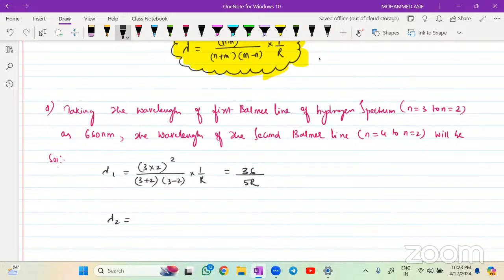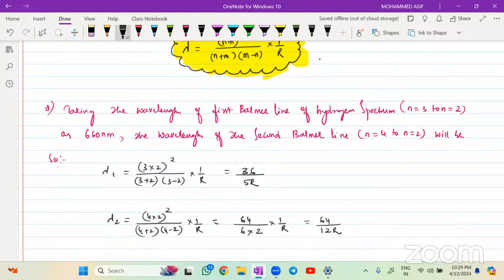The wavelength of the second Balmer line, 4 to 2, lower limit 2. That means 4 into 2 whole square divided by (4 plus 2) into (4 minus 2) into 1 by R. Isn't it? 4 twos are 8, 8 square, 8 eights are 64, divided by 4 plus 2, 6, into 4 minus 2, 2, into 1 by R. So it is 64 divided by 12R.